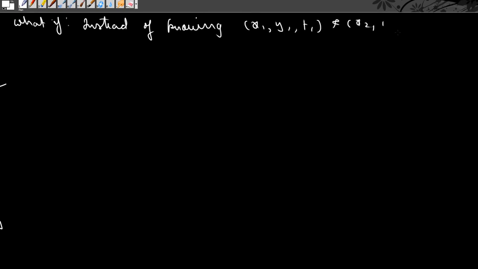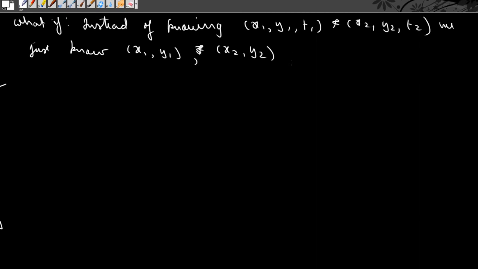What if instead of knowing x1, y1, t1 and x2, y2, t2, we just know x1, y1 and x2, y2, and the fact that the total energy of the system is conserved.